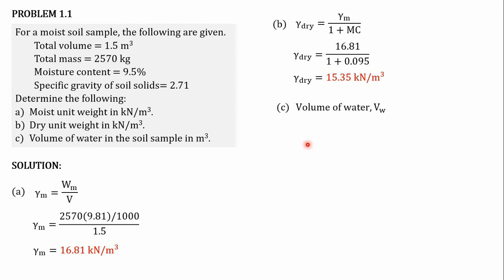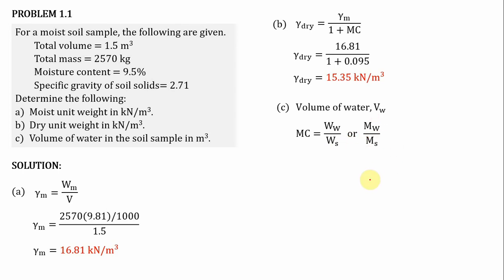So, to get the mass, we use its moisture content. Moisture content is equal to weight of water divided by weight of solids, or mass of water divided by mass of solids.